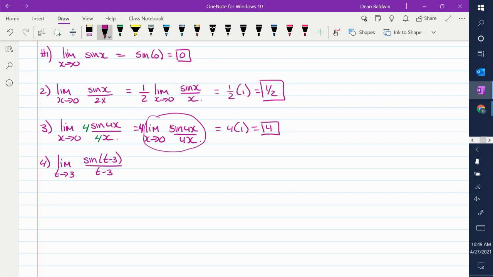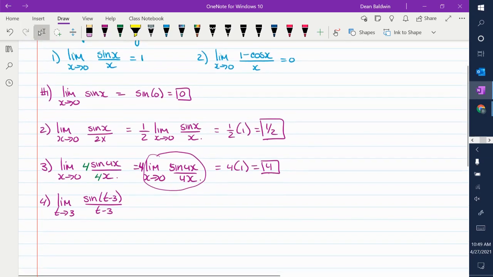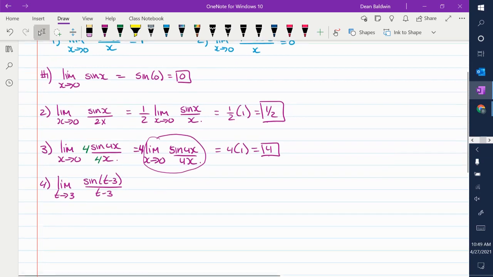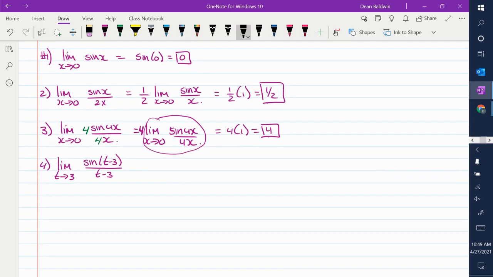So you can't punch it in because you'll end up with 0 in the denominator. But it sort of looks like this one, but not quite. Okay? So I have to make it look like that. So what we're going to do is a substitution. We're going to say u is equal to t minus 3.